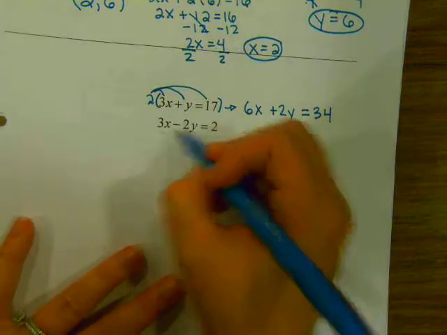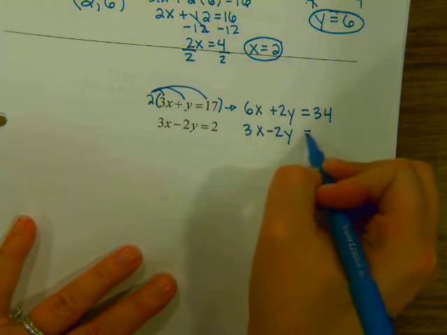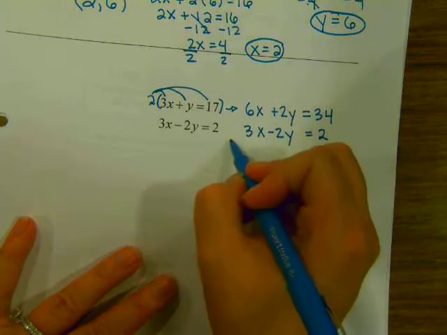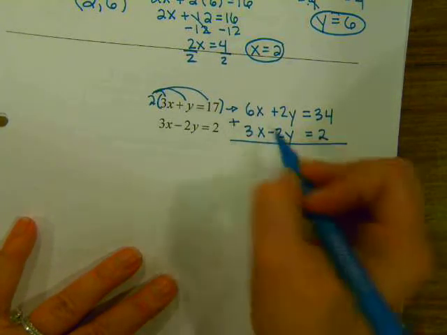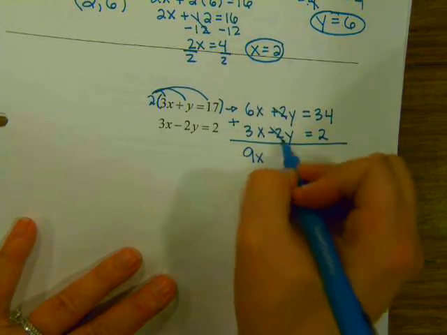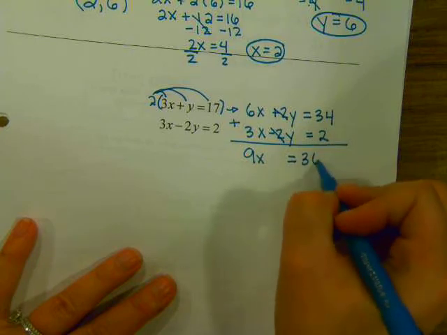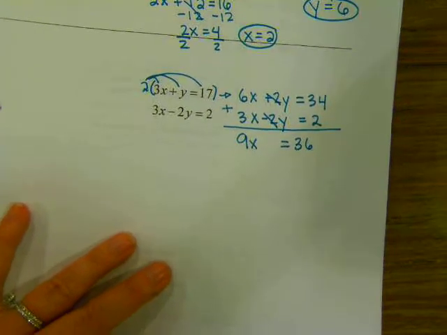And then down here would be the 3x minus, so I didn't change the bottom equation. And then I have to add these together. 6x plus 3x is 9x. Those will cancel. 34 plus 2 equals 36. And now all you have to do is divide by 9.